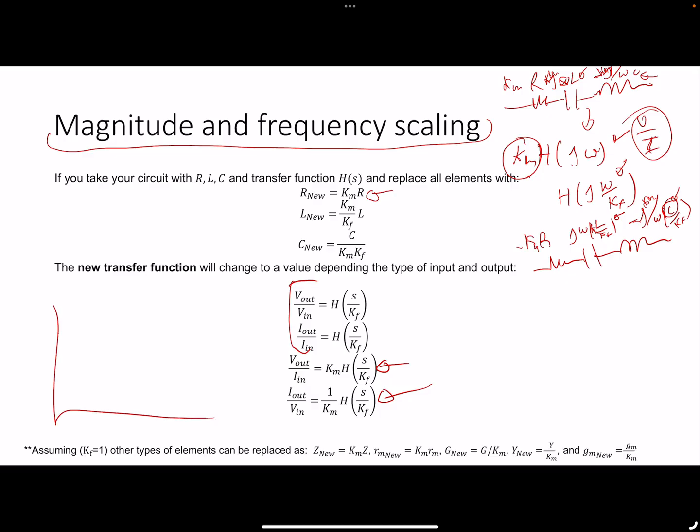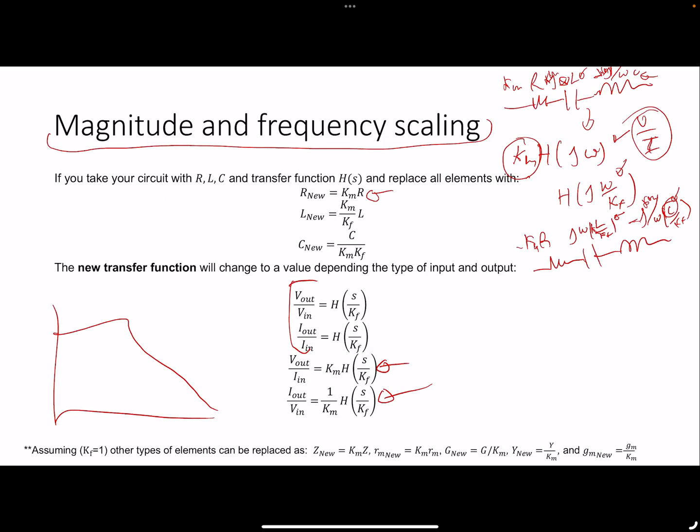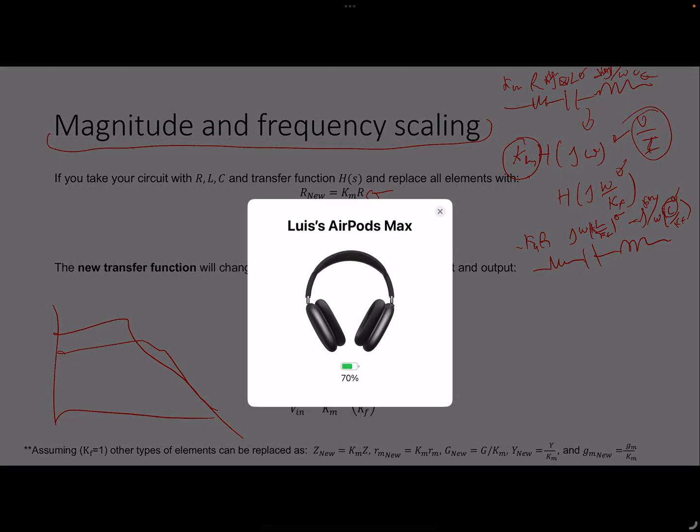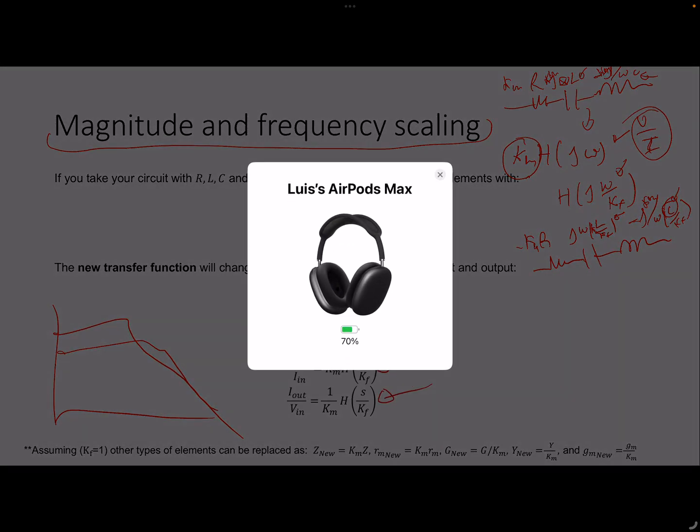I could show you two frequency responses, and then based on those frequency responses, you have to guess how a circuit was frequency and magnitude scaled, based on how the frequency responses shifted. And I could even take it one step further and ask you to modify a circuit based on that.